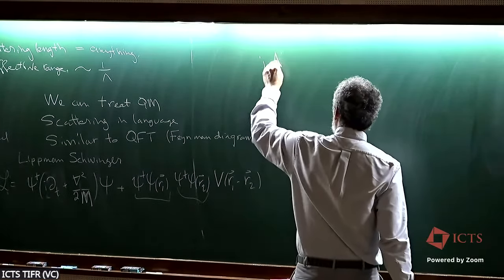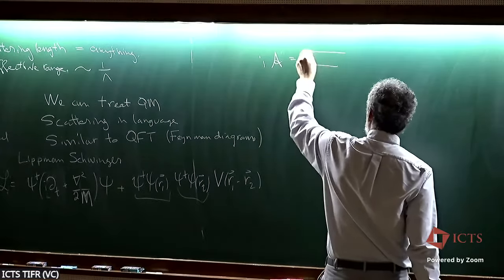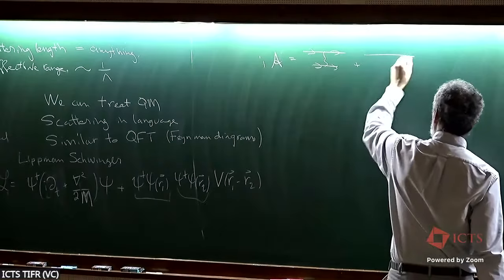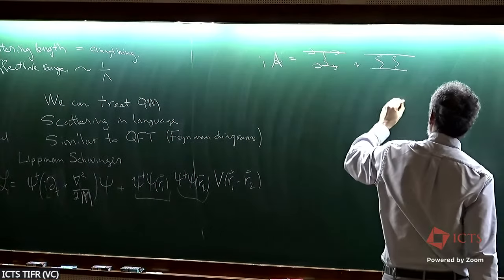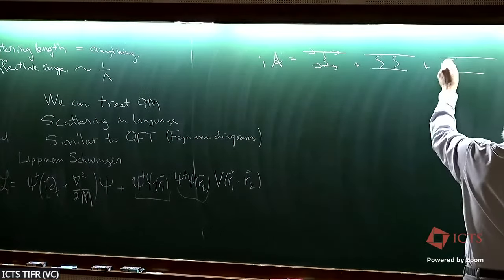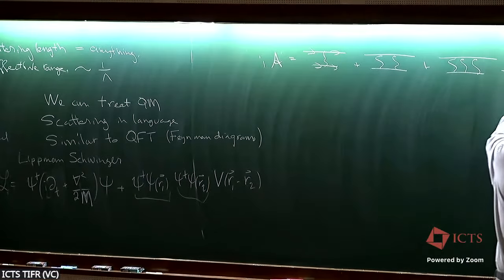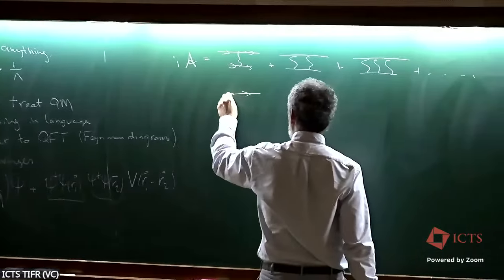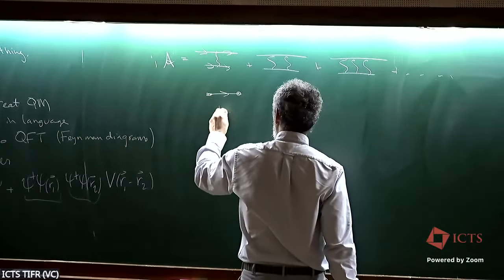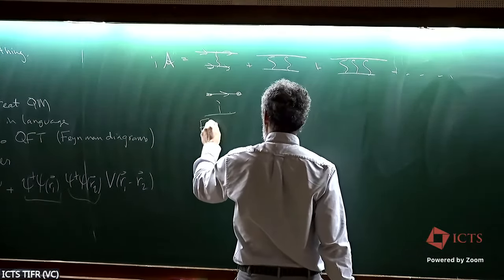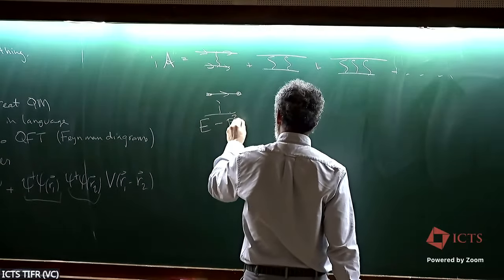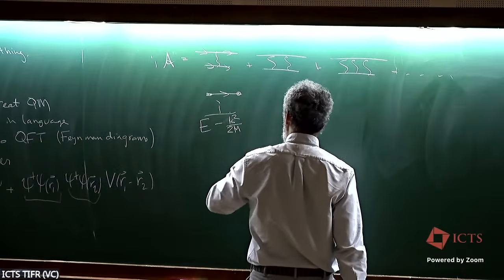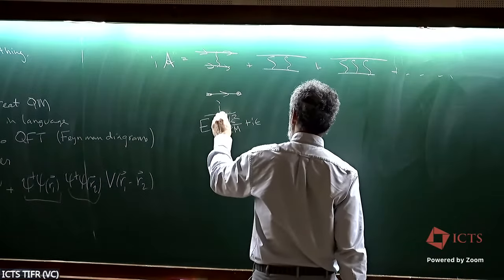We can compute a Feynman amplitude, which looks like this. I won't draw the arrows anymore. Where this propagator is 1 over i times E minus k squared over 2 big M plus i epsilon.